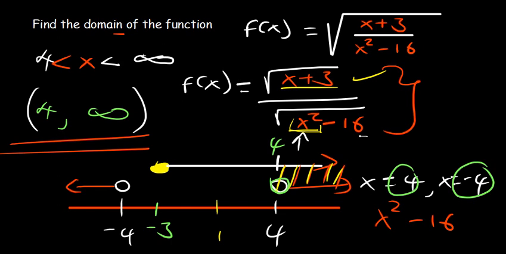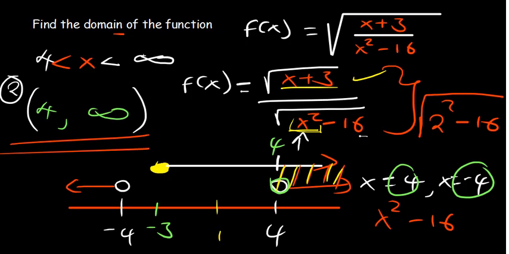If you try any values outside that, for example a 2, you can see that it's going to make the function undefined, because on the bottom part you're going to have 2 squared minus 16, which is going to be negative, which is undeterminable, because you can't determine the root of a negative number.